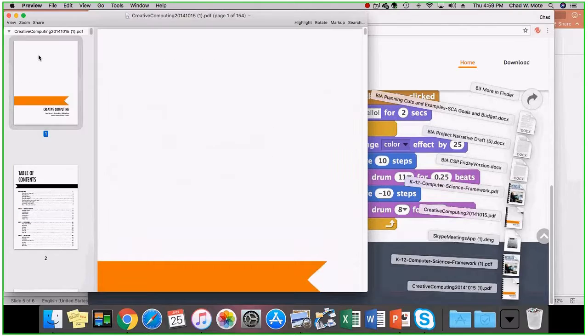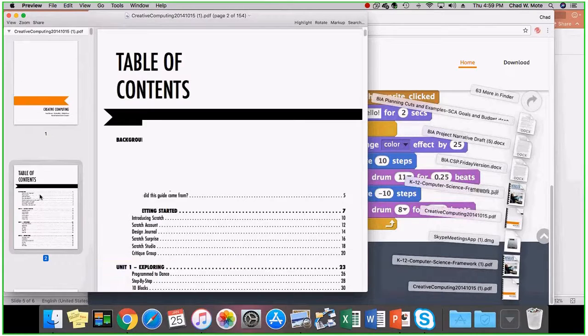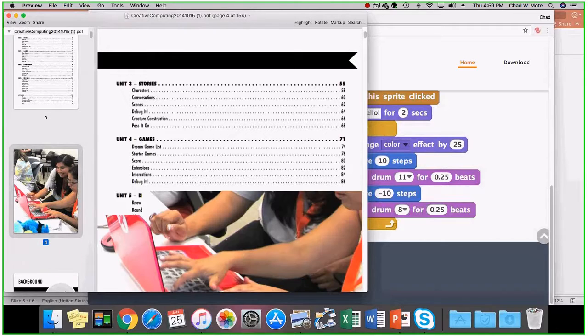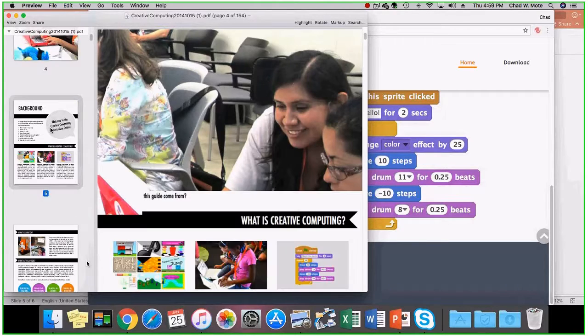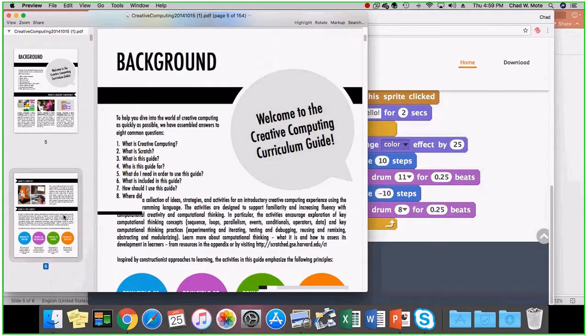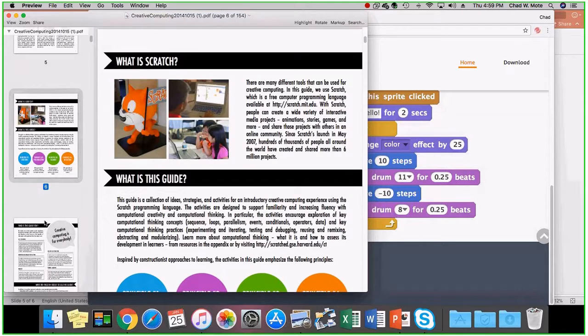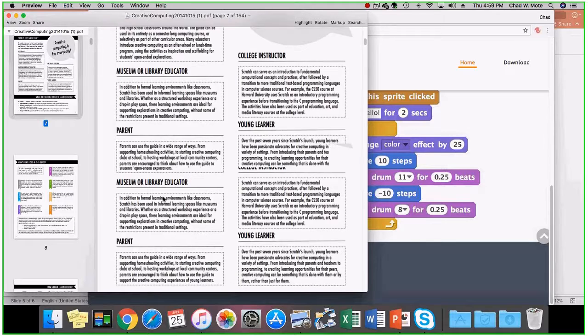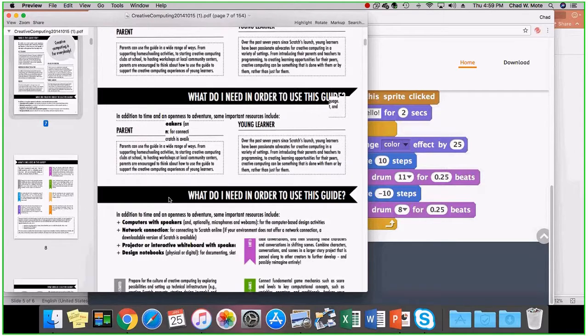Okay, so just wanted to show you this guide for launching a Scratch course and a curriculum, and embedding this into your current curriculum, pulling pieces of it, modifying to suit your needs.